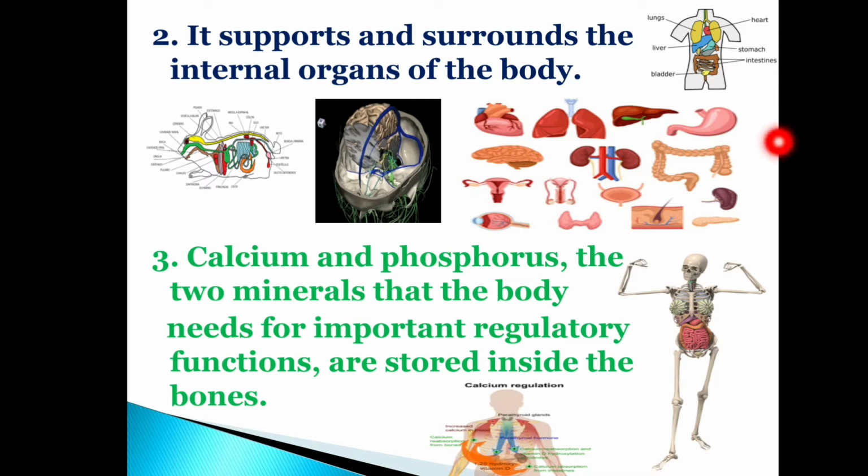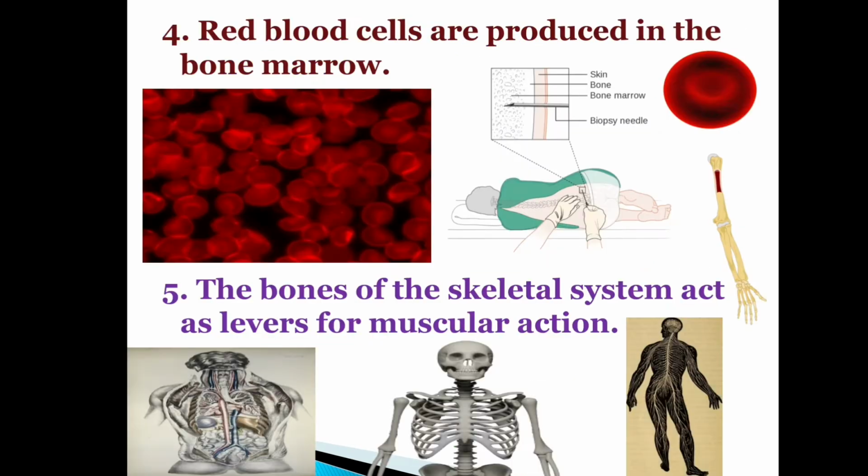The third important function is calcium and phosphorus, the two minerals that the body needs for important regulatory functions, are stored inside the bones. So the two minerals, calcium and phosphorus, are very important for the regulatory function. So those minerals are stored inside the bones.